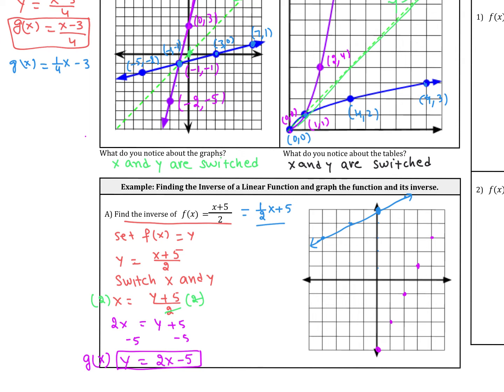When you combine these points, you're going to get a line graph for the inverse function. So the question was to find the inverse of this function, which we did, and then graph the given function and its inverse.